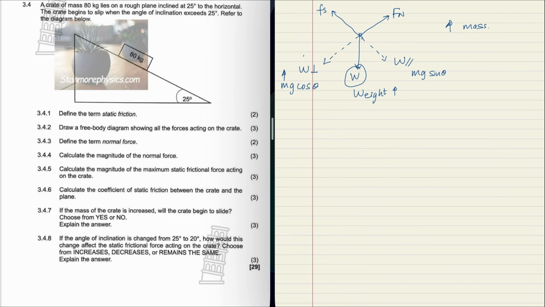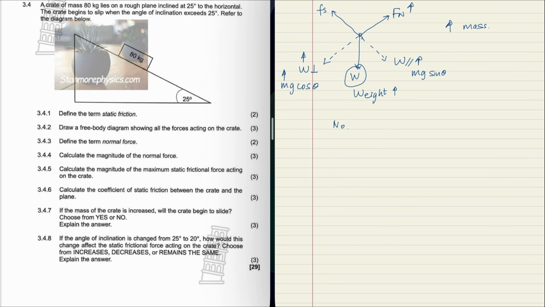That means the perpendicular will increase. If the perpendicular increases, it means Fn will increase. Likewise, W parallel, mg sine theta will increase. It means that Fs should also be affected. So the answer here is no, right?